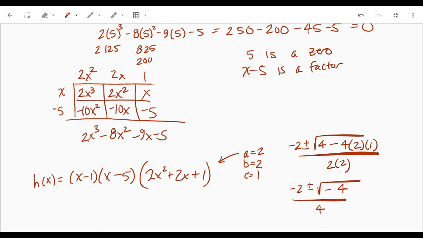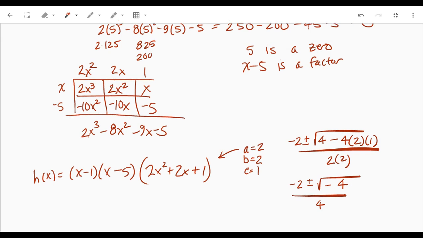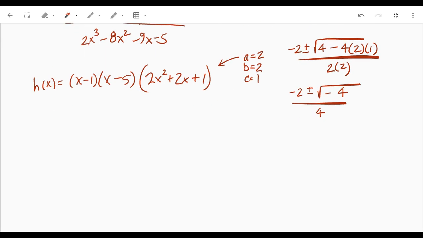Okay, and then this is where our imaginary numbers come in. Okay, so remember, I think they kind of assume that you remember this from Algebra 2 or whatever, that the square root of 4 is 2. The square root of negative 4 is 2i. Okay, so you do it the same as you would any other square root. You just put the i on it.